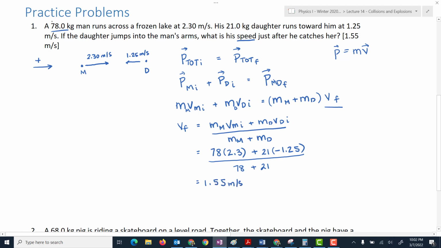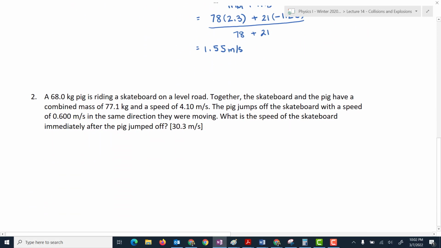The question is giving all of our values with 3 significant figures, so my answer should also have 3 significant figures. That's why I have 1.55. All right, that's it. Let's do question 2.